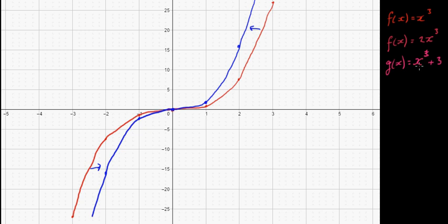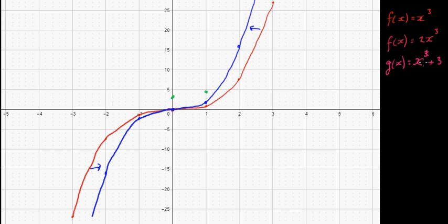Well, 0 cubed is just 0, add 3, we get 3. So instead of this point here being at 0, we're now going to be at 3. Instead of 1, 1 cubed is 1, add 3, that's going to bring us up to 4, so it's up here.